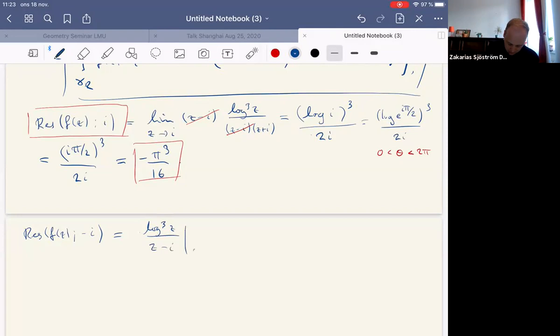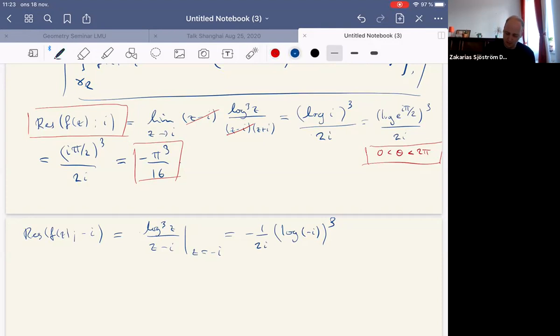So it will be equal to this evaluated at z equals minus i, which is minus 1 over 2i of log of minus i to the cubed. But again, we remember that we are in this branch. So what is then minus i? You might have said that minus i is e to the minus i pi half, but this is not true, because this would not be within our chosen branch.